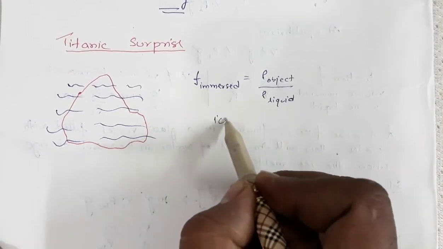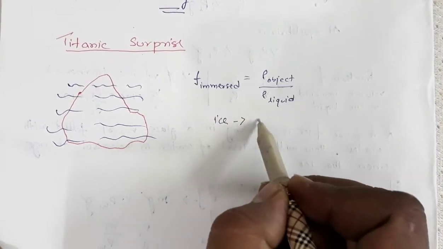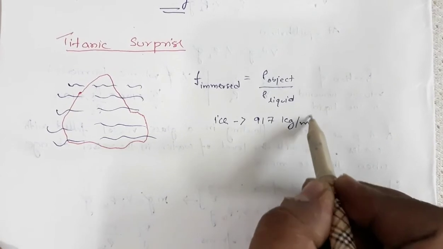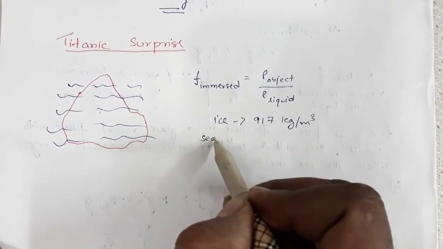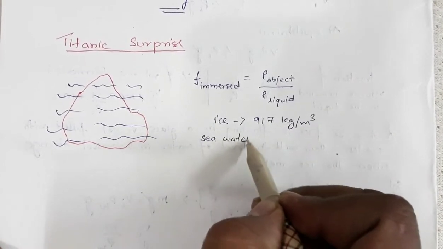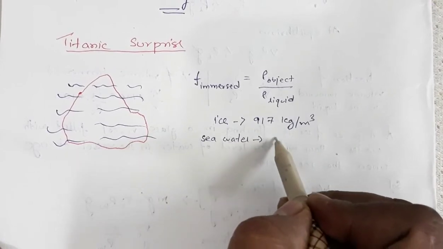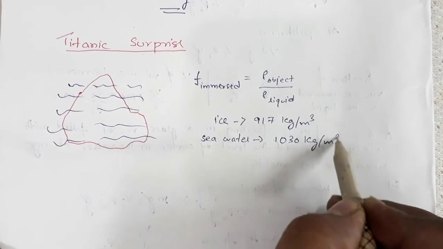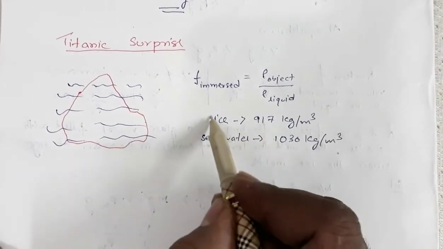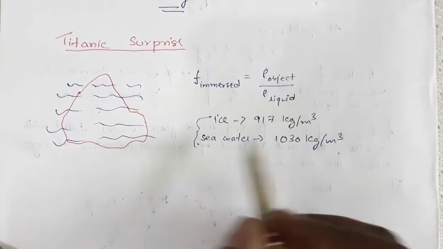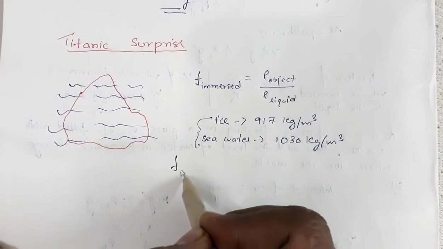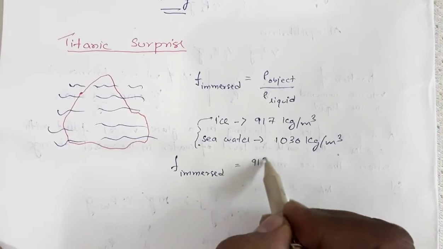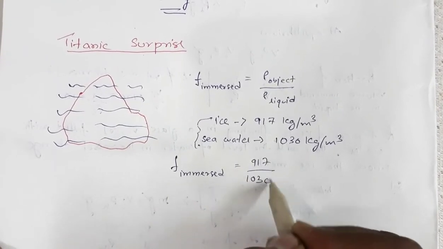Now, for ice, the density is 917 kg per meter cube. For seawater, the density is 1030 kg per meter cube. Now, if you substitute these values, the fraction immersed will be 917 divided by 1030.